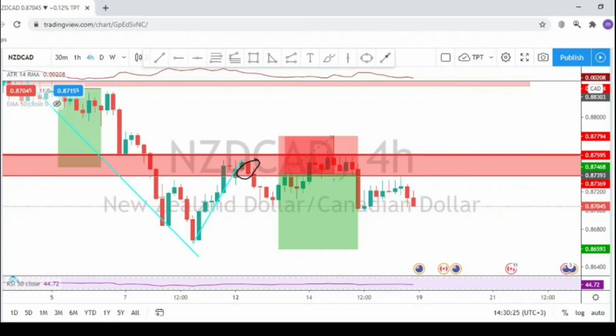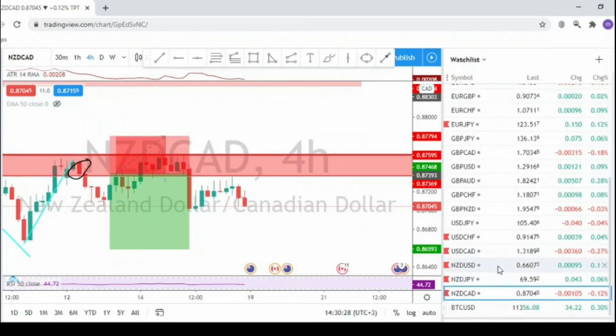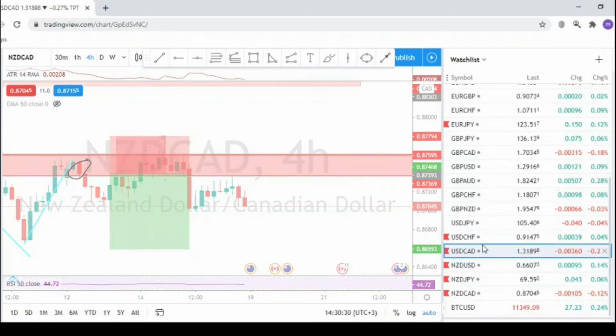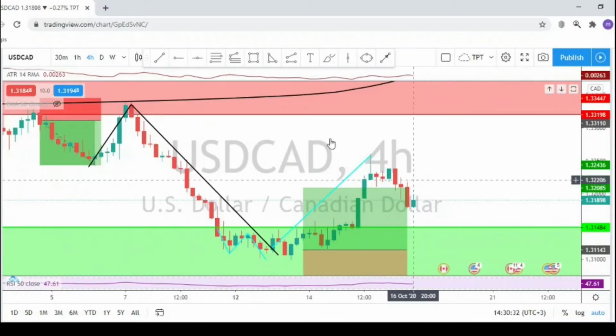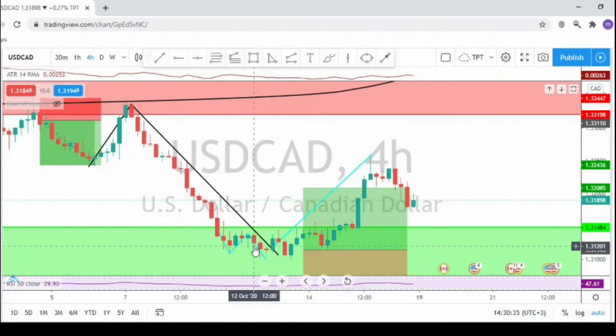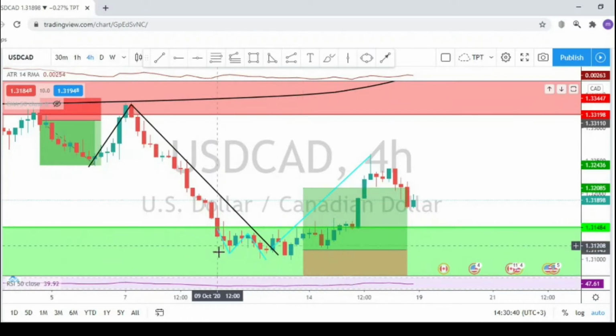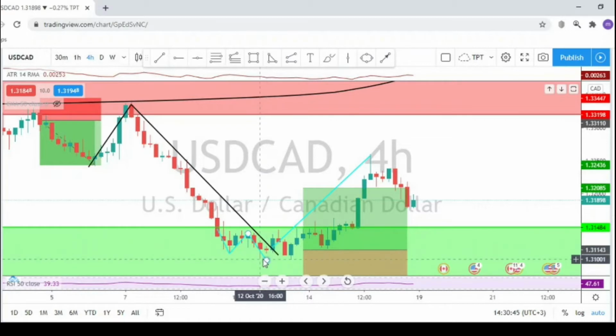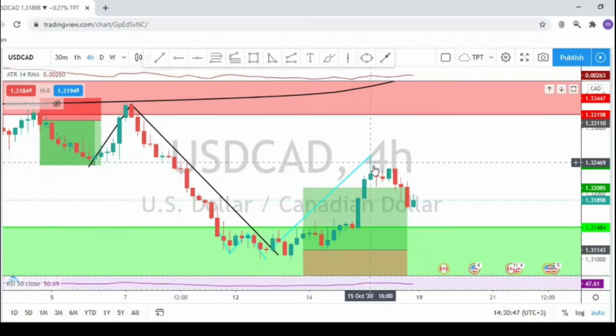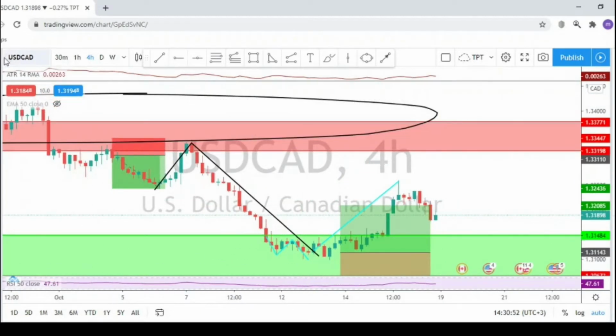I took 1 trade on dollar Canadian. On dollar Canadian, I found a reason to buy this trade. As I explained before, this market came to a strong level of support, and at this level of support, I expect a market to get a bounce here before it continues to the downside. So I took this trade on dollar Canadian as a buy, and the second trade was on New Zealand Canadian.